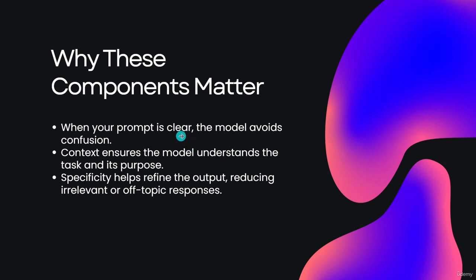When you write the prompt clearly in any language, the model will understand your intent and generate the best output. Context helps the model understand your intent, purpose and task, and it generates the best output according to your instructions. Specificity reduces irrelevant or off-topic responses, because you provide more detail about what you want in a specific way.